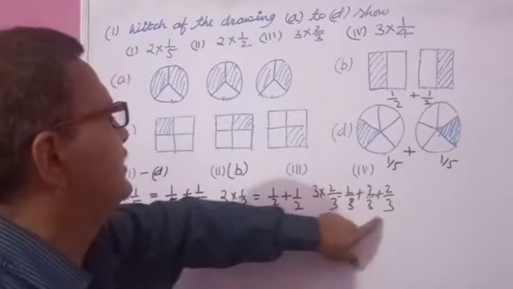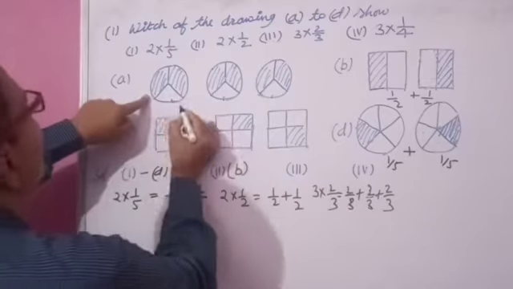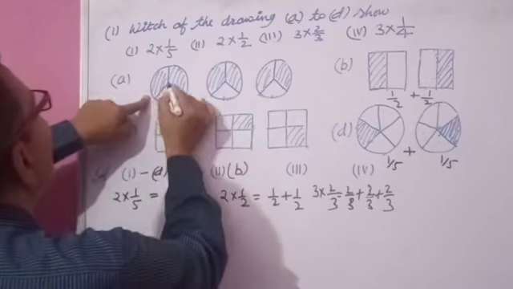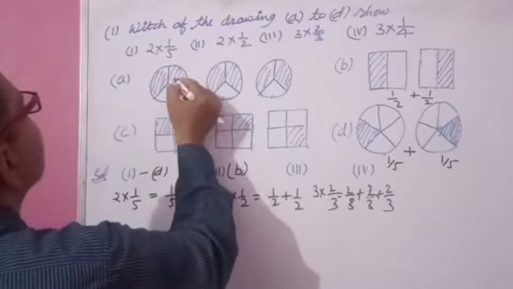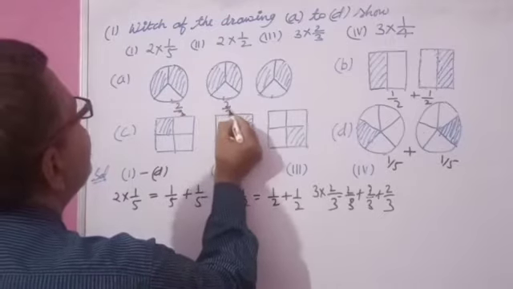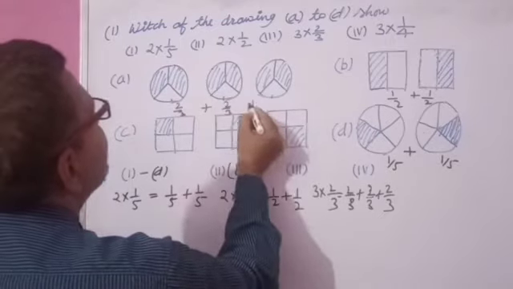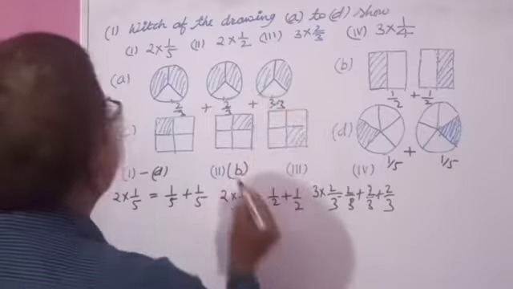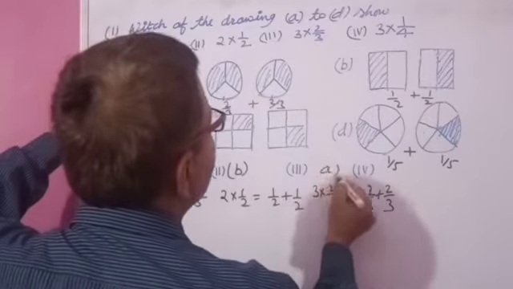Multiplication means successive addition. And 2 by 3 means out of 3 parts, 2 parts are shaded. 2 by 3 and this is also 2 by 3. So this is the A part.